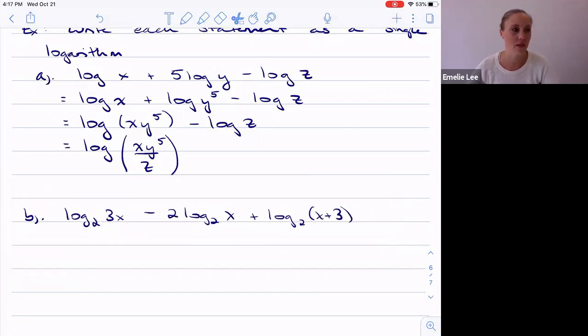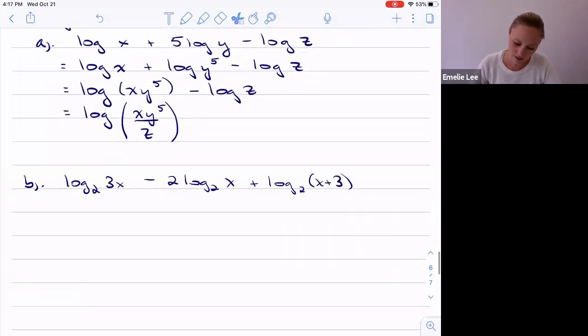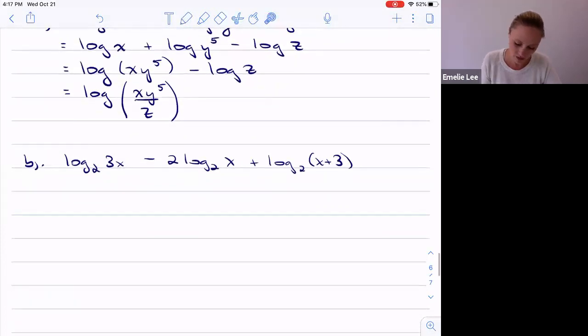And we'll do the same thing with the next one. This one's a little bit nastier. But first thing again, I'm going to make sure that I have the same base. If not, I have to deal with that. But for now, of course, we're going log base 2, base 2, base 2. Great.